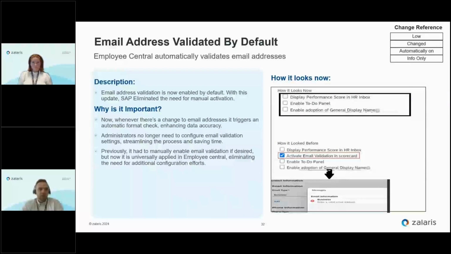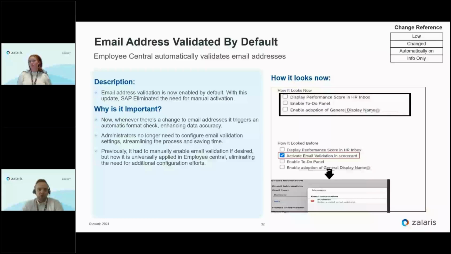Yes, this one also very nice. Email addresses are now validated by default. Previously, this was an opt-in option, so that whenever an email was updated, it was checked for formatting. This is no longer opt-in. This is now just standard.